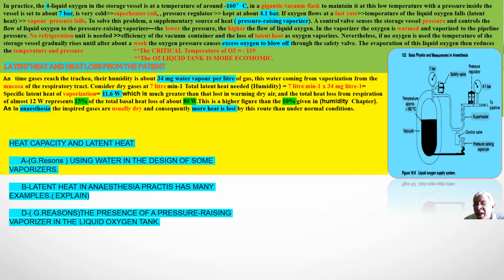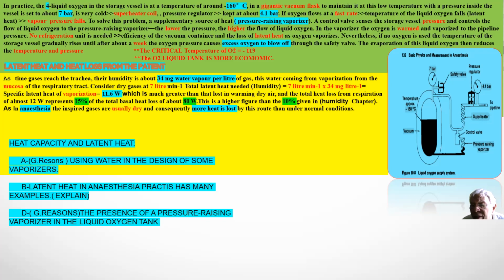It is made of a gigantic vacuum tank, as you can see, where the oxygen is liquefied and transferred to vapor. This vapor coming out is very cold, so we have a superheating coil. The pressure of the tank is 7 bar, and whenever it is released to the pipe system, it reaches the pipe system pressure, which is 4.1 bar.